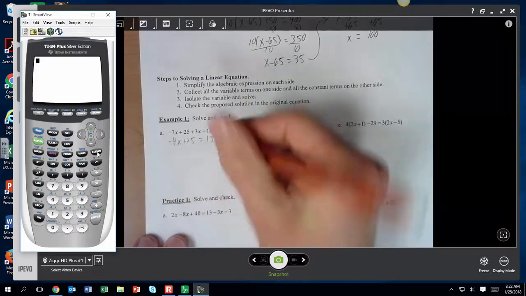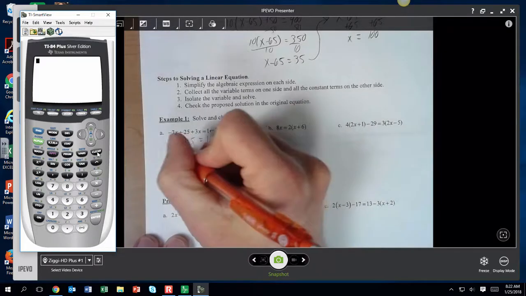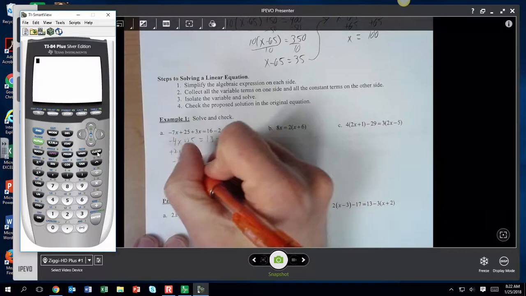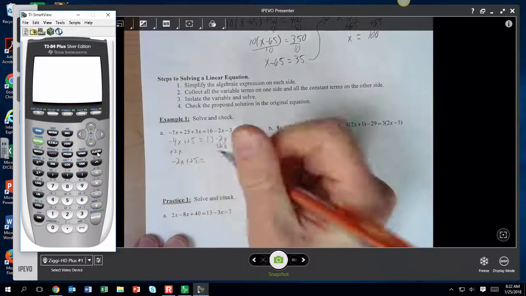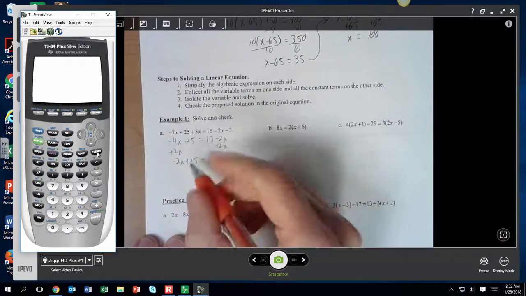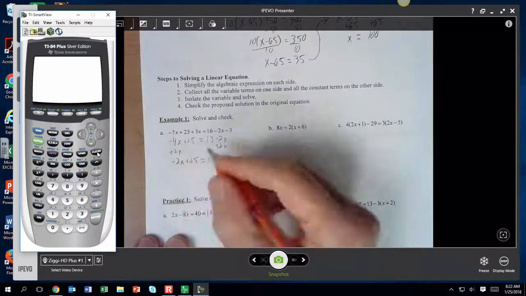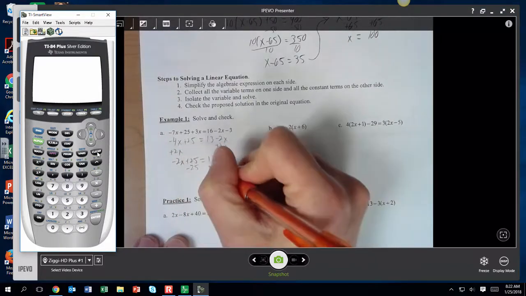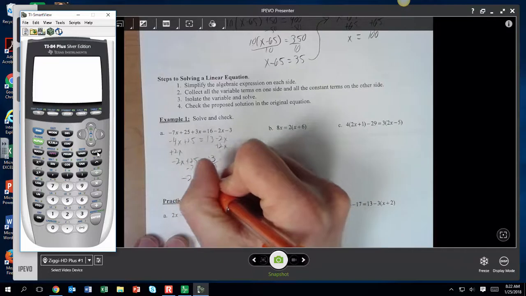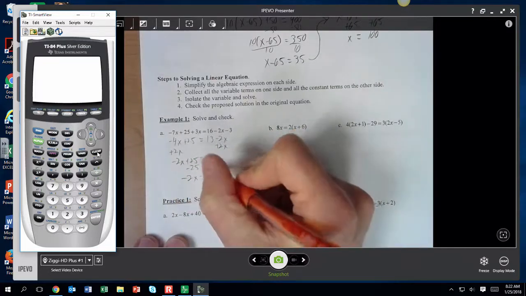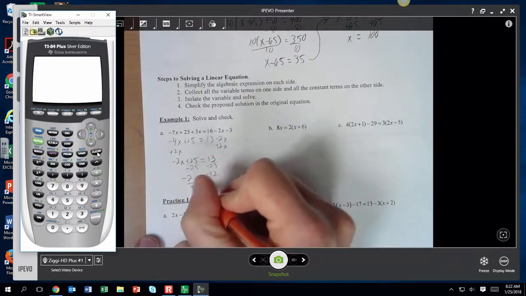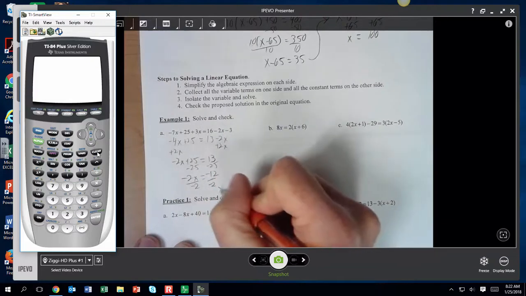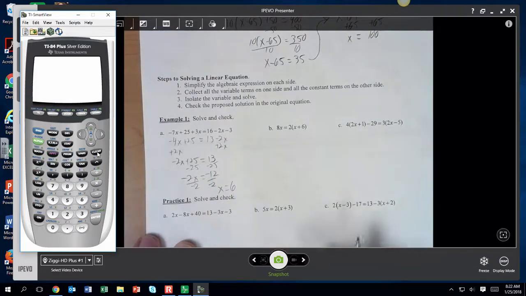So to get rid of this 2x here, I'm going to add 2x to both sides. So negative 2x plus 25 equals 13. To get this 25 away from the left side, I'm going to subtract 25 from both sides. So negative 2x equals negative 12. Divide both sides by negative 2, so x is going to equal positive 6.